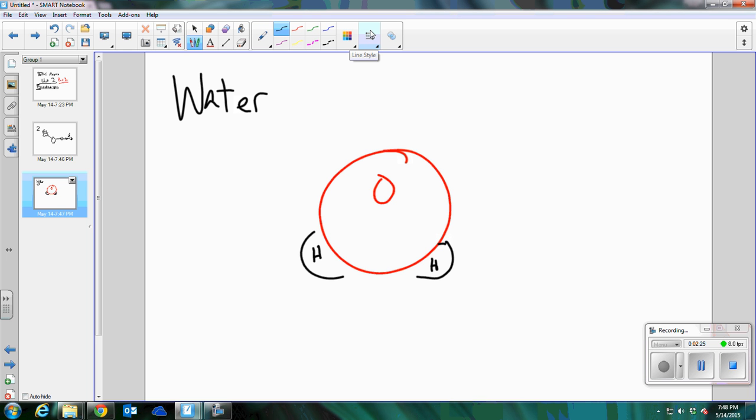Well, if you remember earlier, we talked about how water has 10 electrons in it, because why is that? Well, the oxygen has 8 protons, and each hydrogen has 1 proton. And so those 10 protons come equipped with 10 electrons as well.